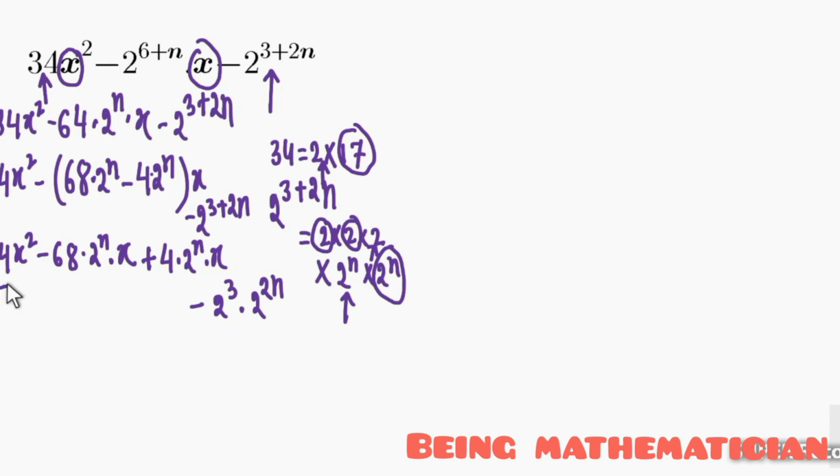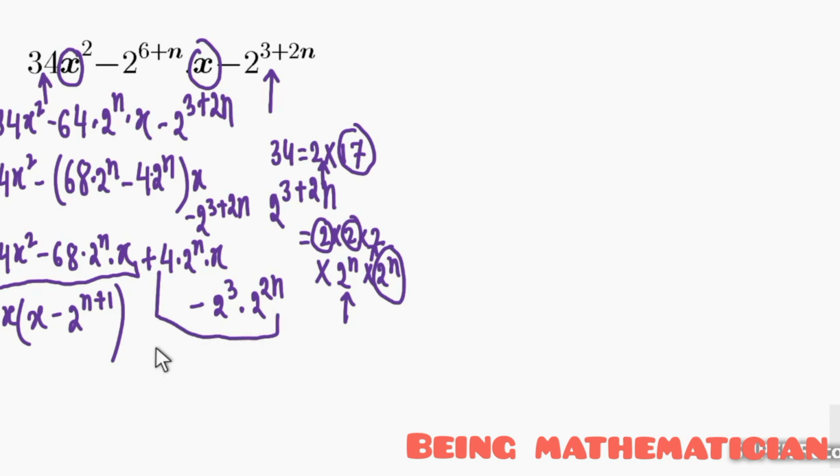So the common factor in 34x² and 68·2^n x is obviously 34x. So we take common 34x from these two terms and we get x − 2^(n+1). And from the other two terms, the common factor is 2^(n+1), and we get here only x and here 2^(n+1).